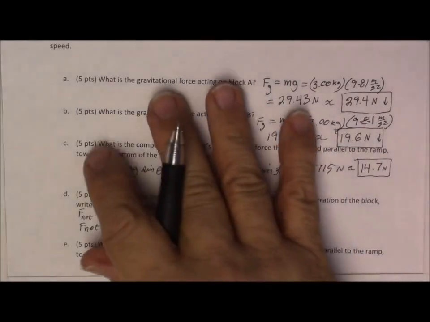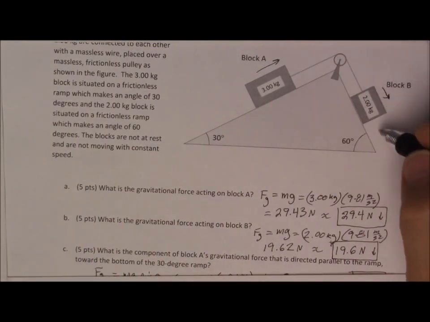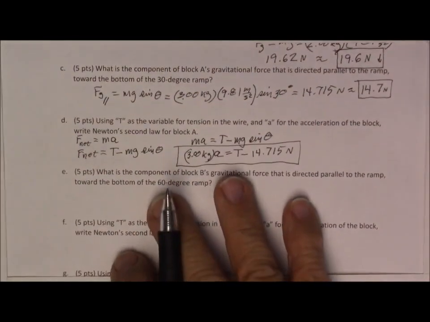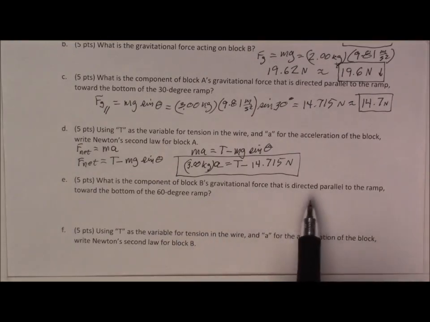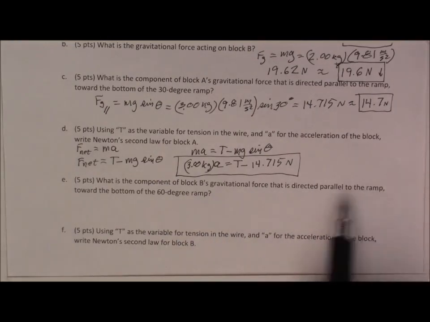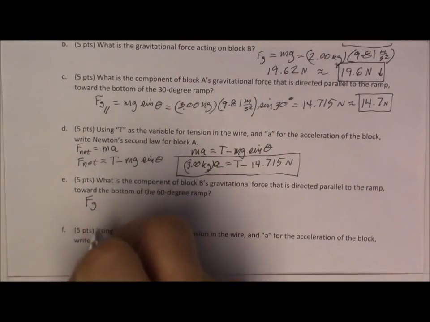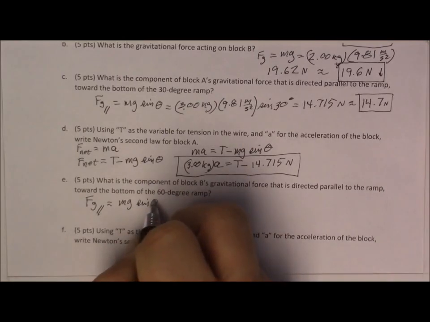Now let's move on to block B, which, as you recall, is pulling down on the cable over here. 2 kilograms pulling down, but with an angle of 60 degrees. Okay, what is the component of block B's gravitational force that is directed parallel to the ramp toward the bottom of the 60-degree ramp? Gravitational force parallel to the ramp is mg sine theta.